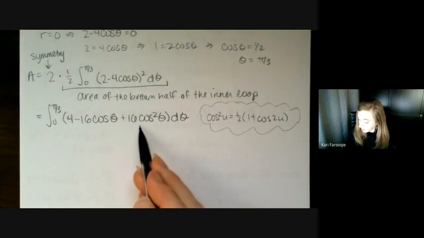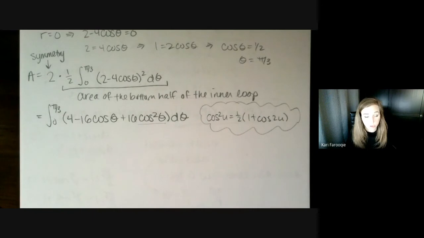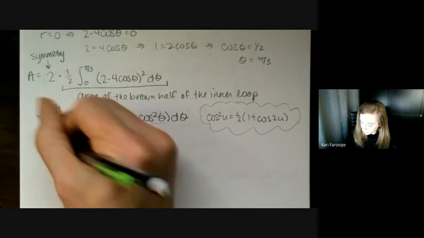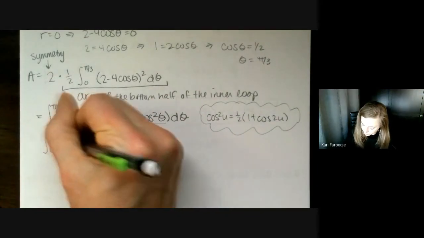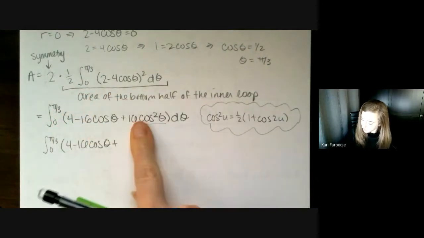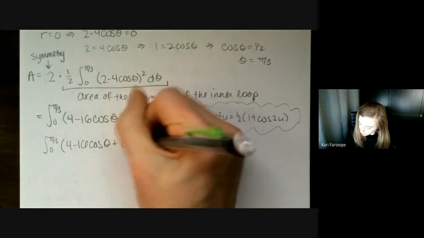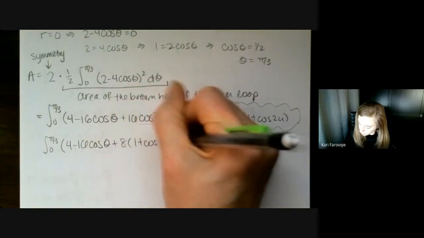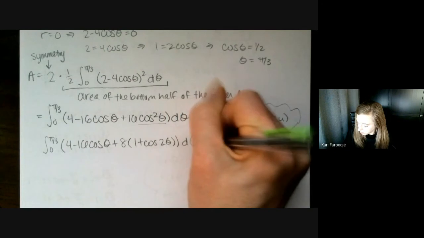So we're just going to go ahead and use a power reducing formula to reduce this down. 16 times 1/2 is 8, and then we'll have 1 plus the cosine of 2 theta.